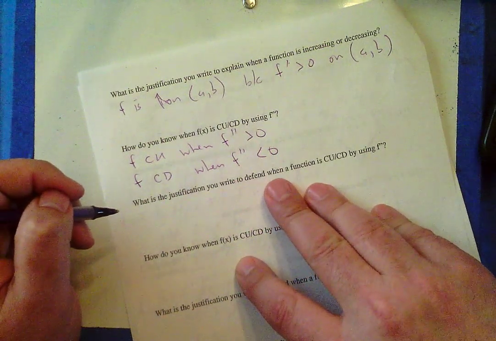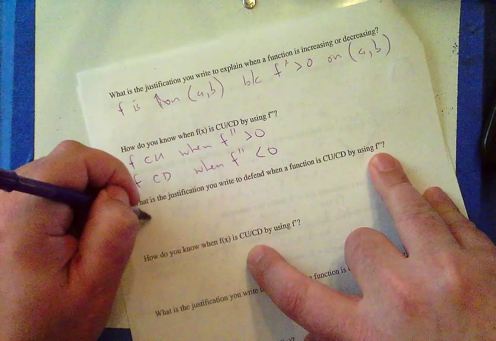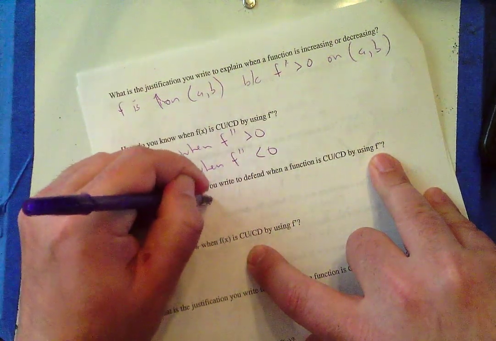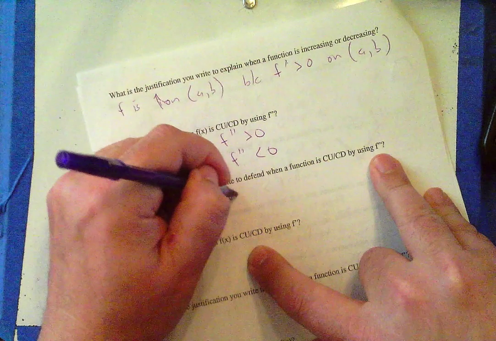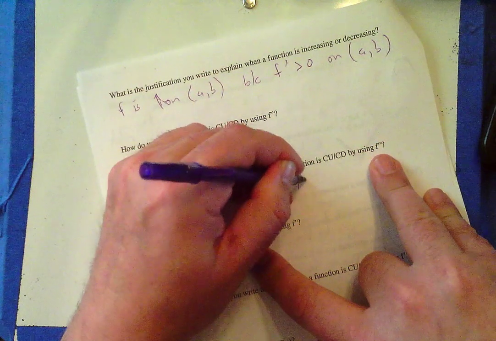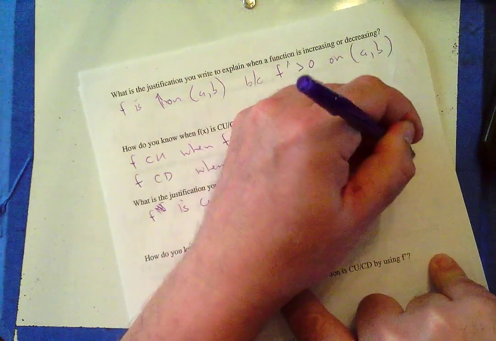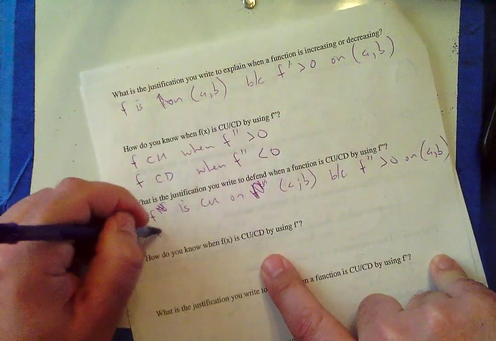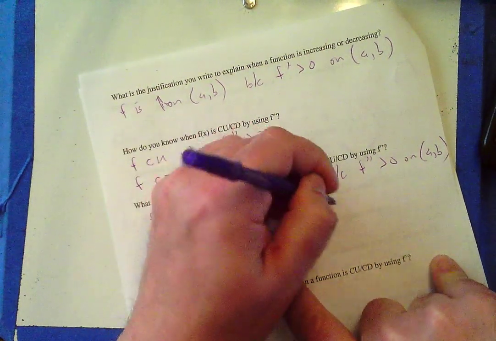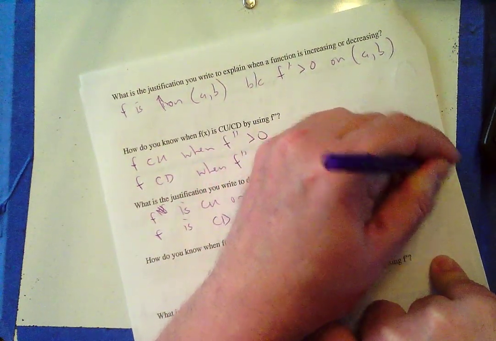What justification would you use to defend when a function is concave up or concave down by using f double prime? f is concave up on a to b because f double prime is greater than 0 on a to b. f is concave down on a to b because f double prime is less than 0 on a to b.